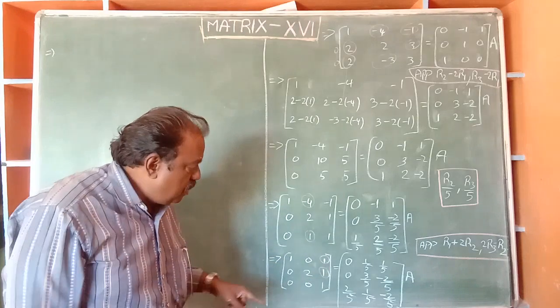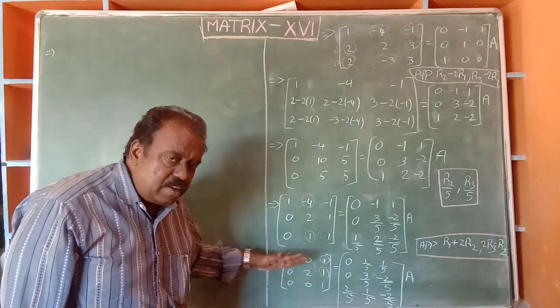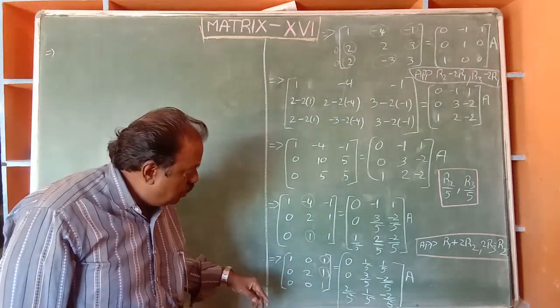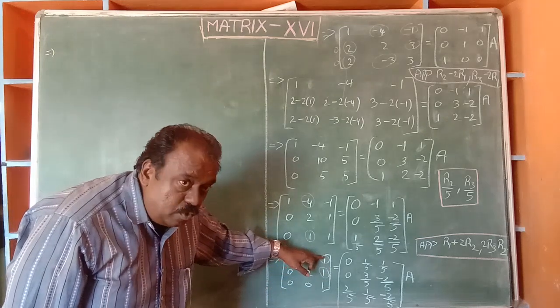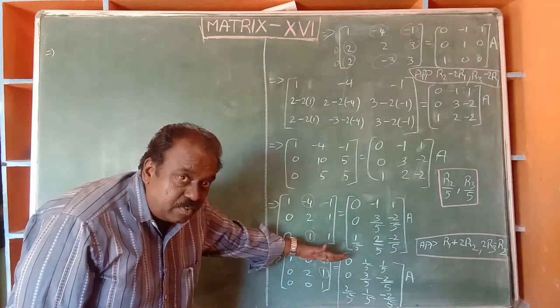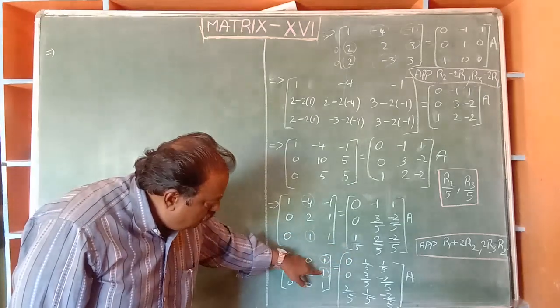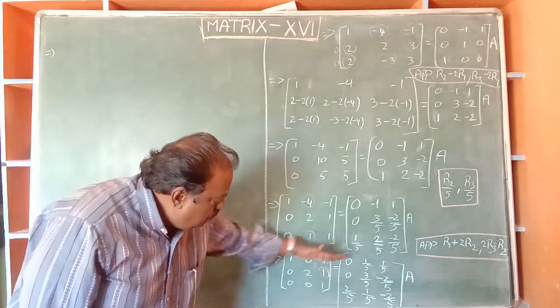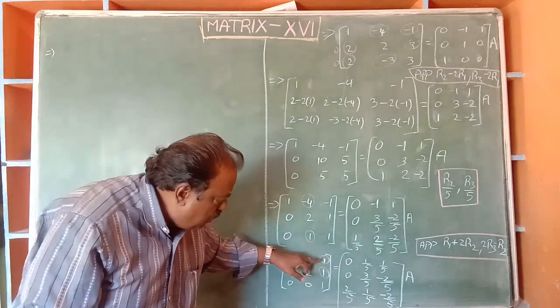Try to understand, here a very important concept is there. In order to get 0, you may feel that R1 minus R2 of course, 1 minus this one, R1 minus R2 also gives 0 here.